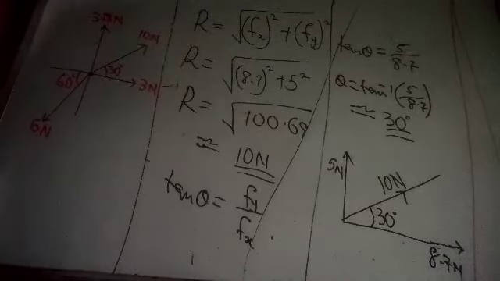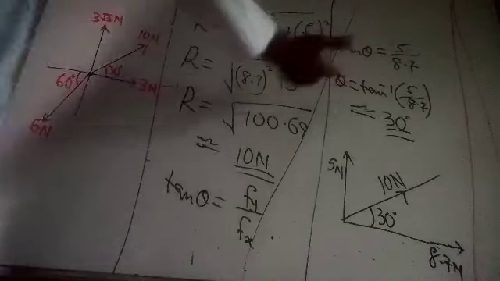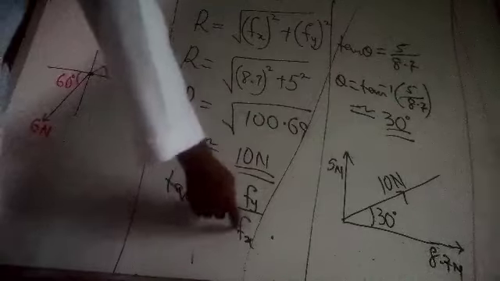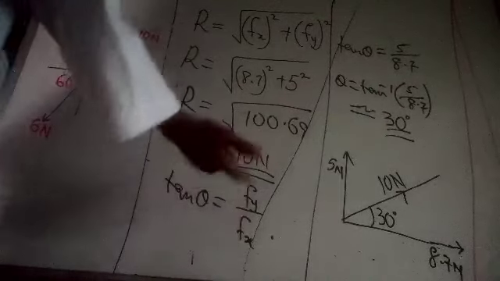So that means tan theta will be 5 over 8.7. So theta will now be inverse tan of 5 over 8.7. So that theta is approximately 30 degrees, using this formula 5 over 8.7.